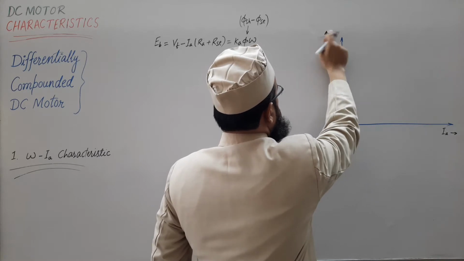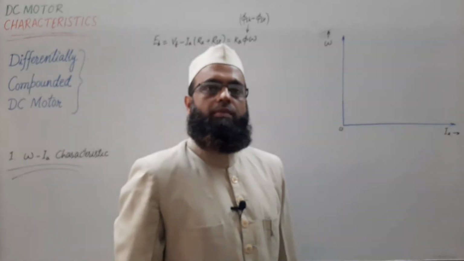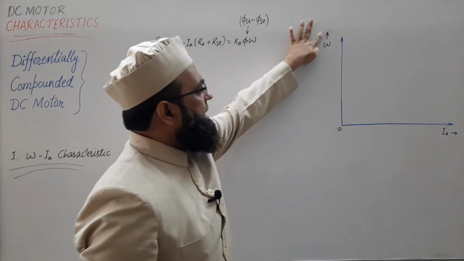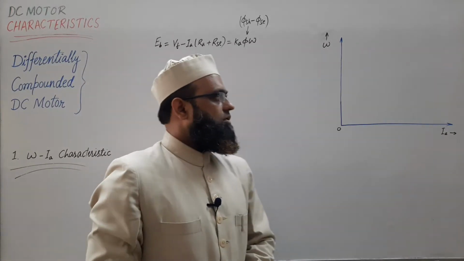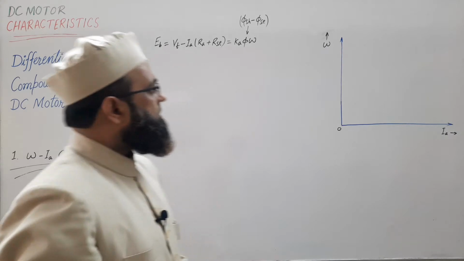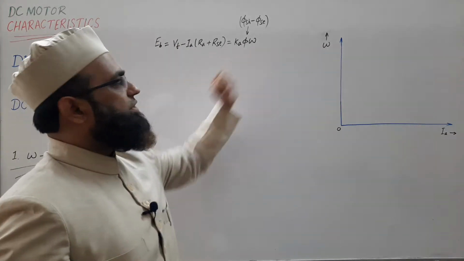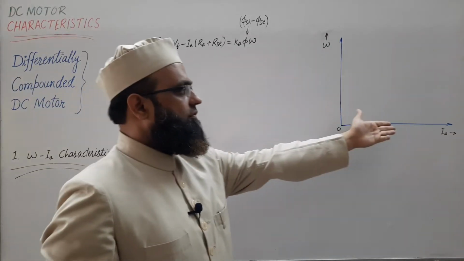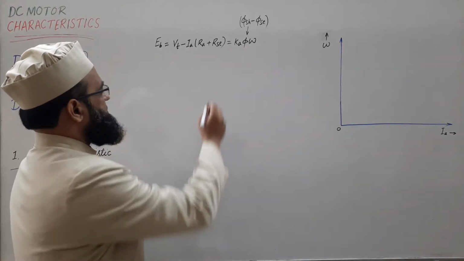So the same procedure as we discussed in our previous lectures, how to plot a quantity against another quantity. Take speed on one side and write it as a function of Ia.